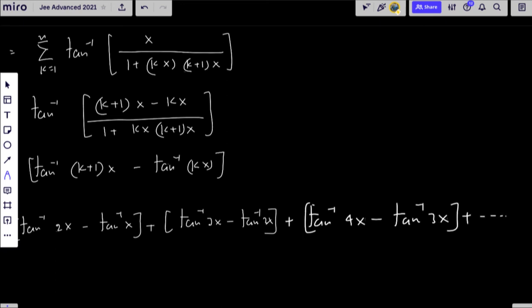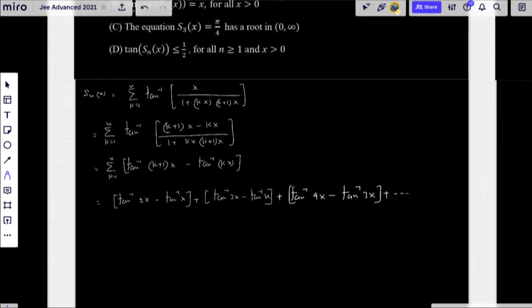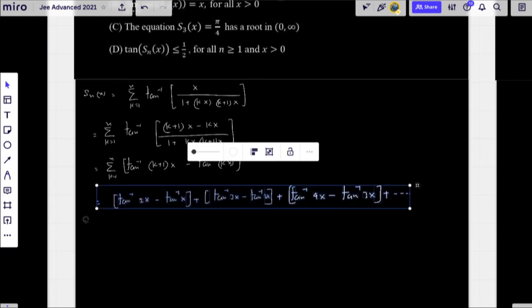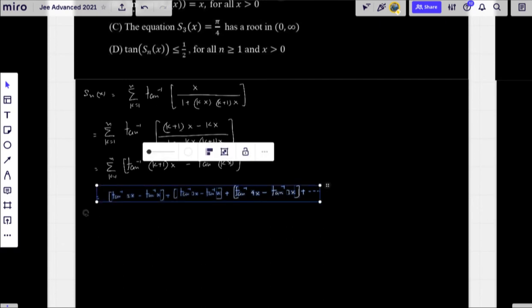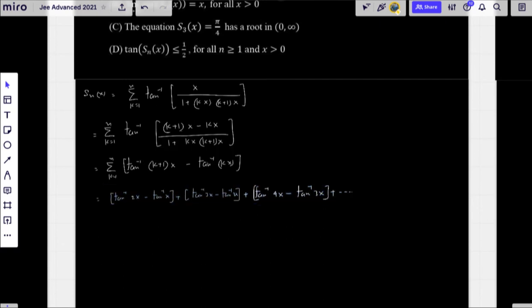Okay, and it will go up to tan inverse (n+1)x. Let me reduce this part also. So this is what we call, and plus so on, dot dot dot, we will go up to this one.